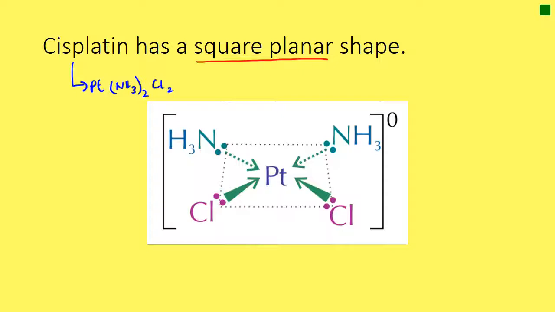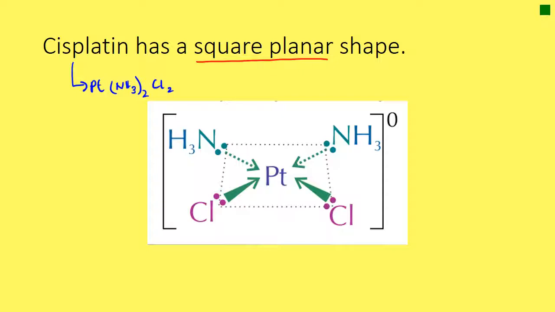And that's the formula of cisplatin, and it has a square planar shape and looks like this, with the large chloride ligands coming out of the page back into the platinum ion, and the 2 ammonia ligands behind the plane of the slide coming back in a square shape.